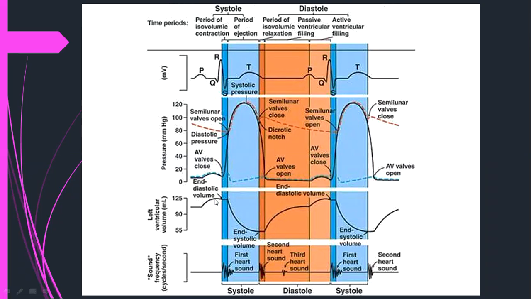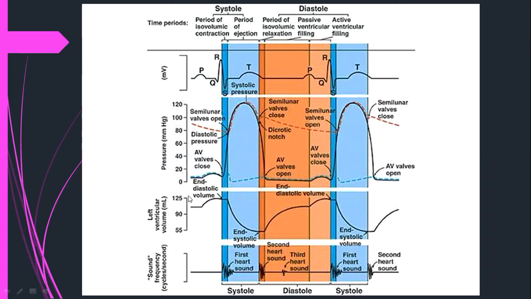During this atrial contraction, you can see a line between the P wave and the QRS complex. This indicates the AV node delays the signal for 0.1 second in order for the left atrium to fill the blood into the left ventricle to reach the EDV value.